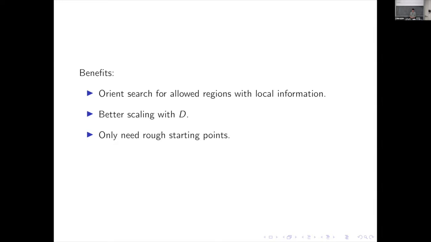And the island we're looking for should have some basin of attraction around it, such that if we start in some rough vicinity, this minimization algorithm should lead us into the allowed region. So really, we would only need rough starting points in our search to converge to the island.